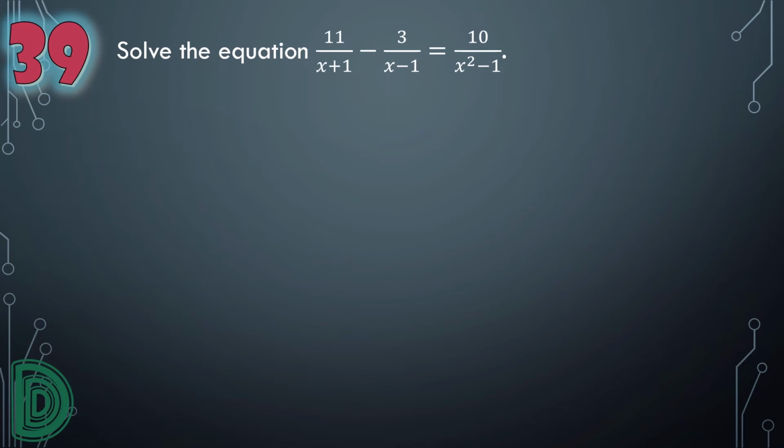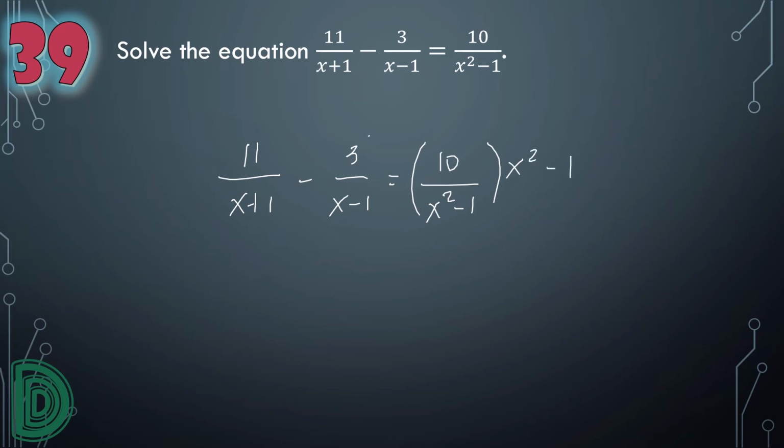Let us multiply all terms of the equation by the LCD, that is x plus 1 times x minus 1, which is also x squared minus 1. Multiplying the first term by the LCD, x plus 1 times x minus 1, x plus 1 cancels.